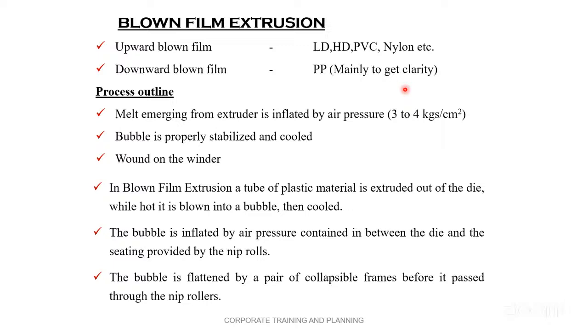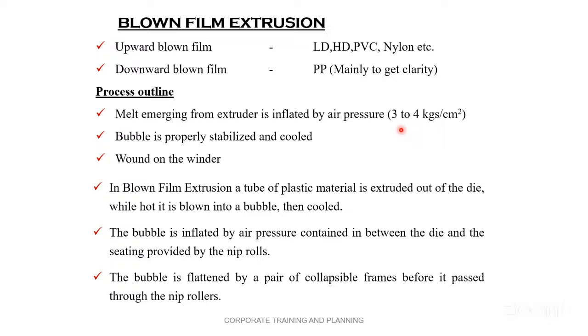Okay, now see, the melt emerging from the extruder is inflated by air pressure. See here how much air pressure is used: 3 to 4 kg per centimeter square. We put air inside the bubble, right?